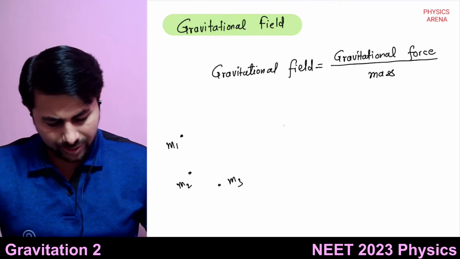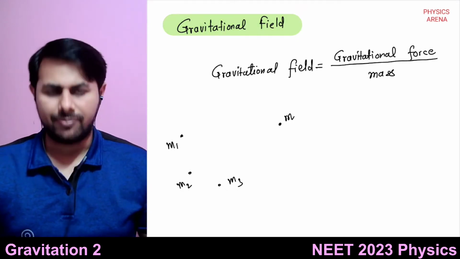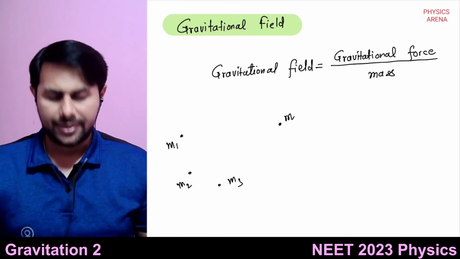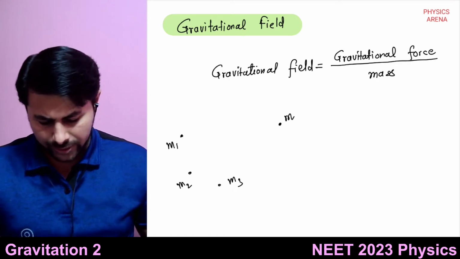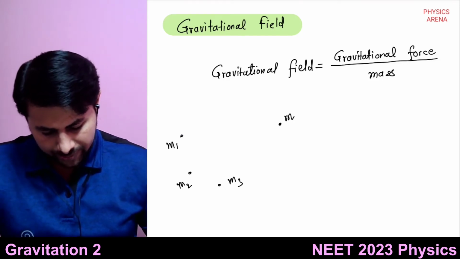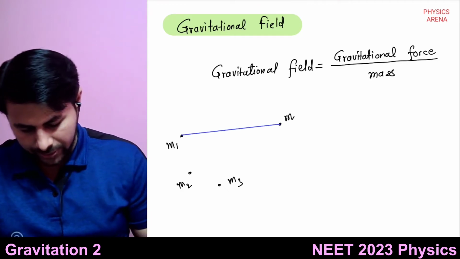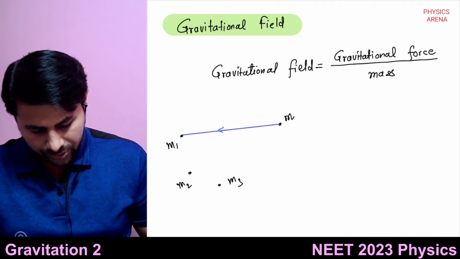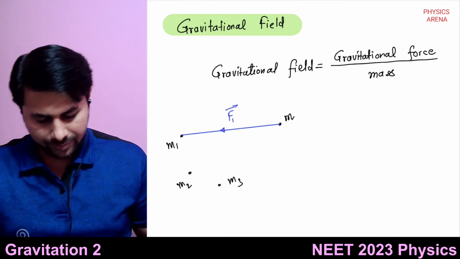For example, you keep this mass m over here. This is called the test mass. This first mass will pull it towards itself, so it will exert some force. You can call it F1 bar.